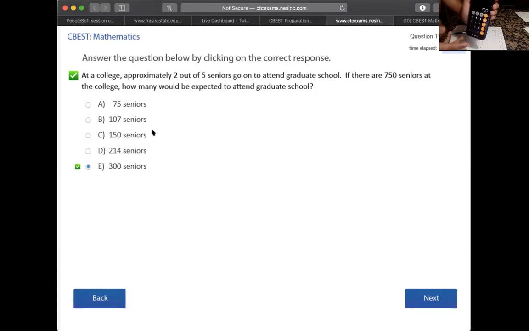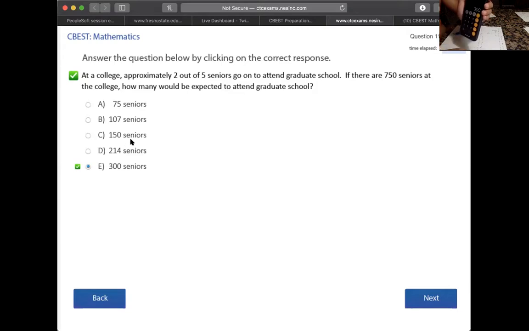Okay? Now, if it is 150 and 2 out of the 5 seniors go on to attend graduate school, we need to multiply the 150 by the 2, which is 300.